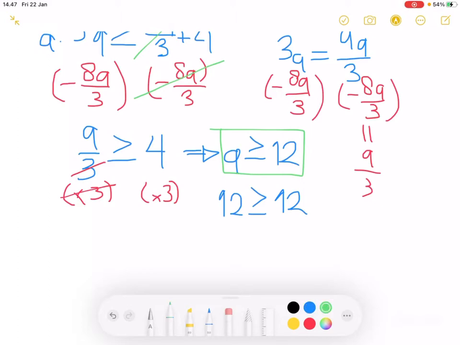And notice real quick that 12 can be expressed as 12 over 1, right? So this can also be expressed as a rational number, and therefore our answer for our BI part is 12, like so.